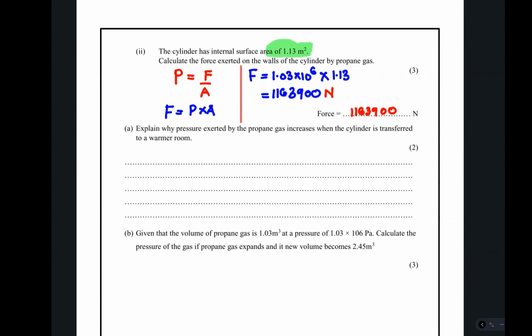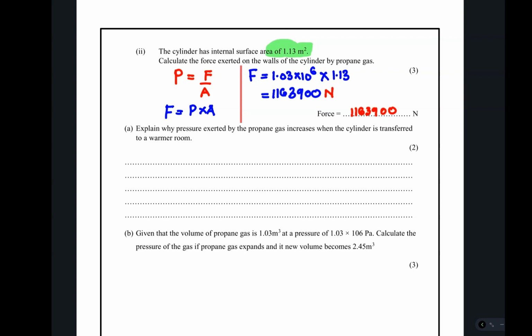And in the next part, we are supposed to explain why the pressure exerted by propane gas increases when the cylinder is transferred into a warmer room. Now, we know that all gases have molecules, and these molecules are in continuous random motion. They collide with the walls of the container.